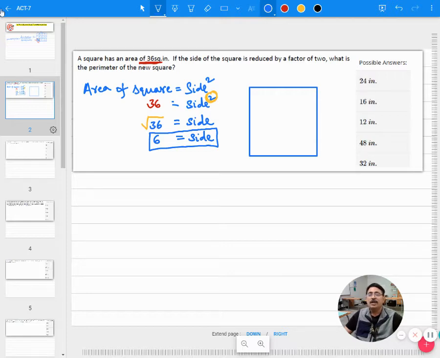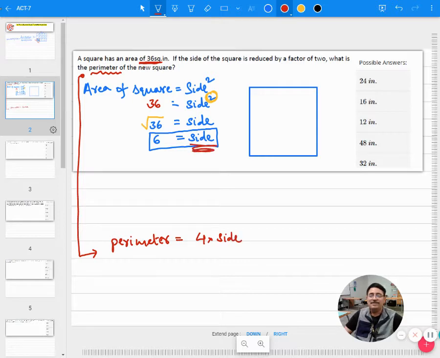Because the question is to find the perimeter. So if you want to find the perimeter, you know that perimeter equals 4 times side. Therefore, if you know the side, then only you can compute the perimeter, right?